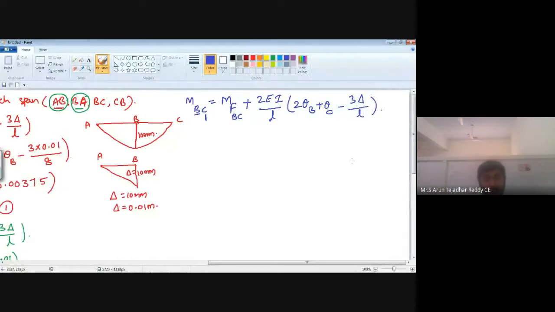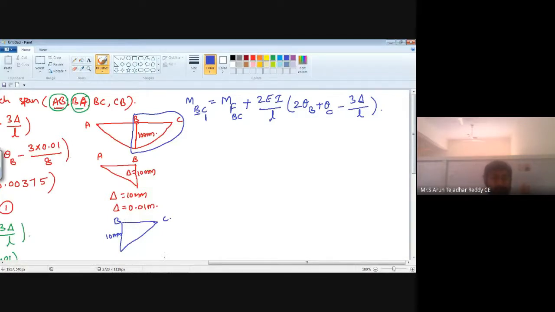Now see, don't confuse here. Now we are taking span BC. For span BC, it means here we have a delta. So now consider this portion and draw the free body diagram here, BC. Now it is 10 mm.